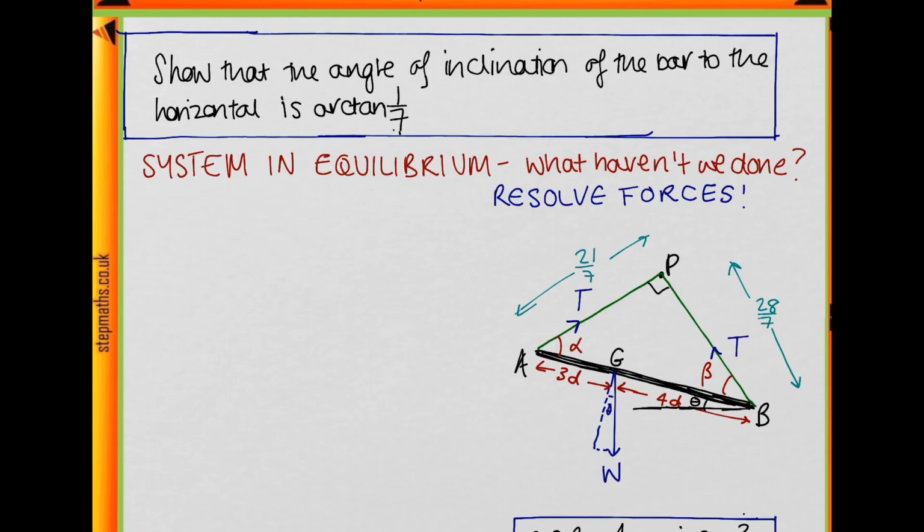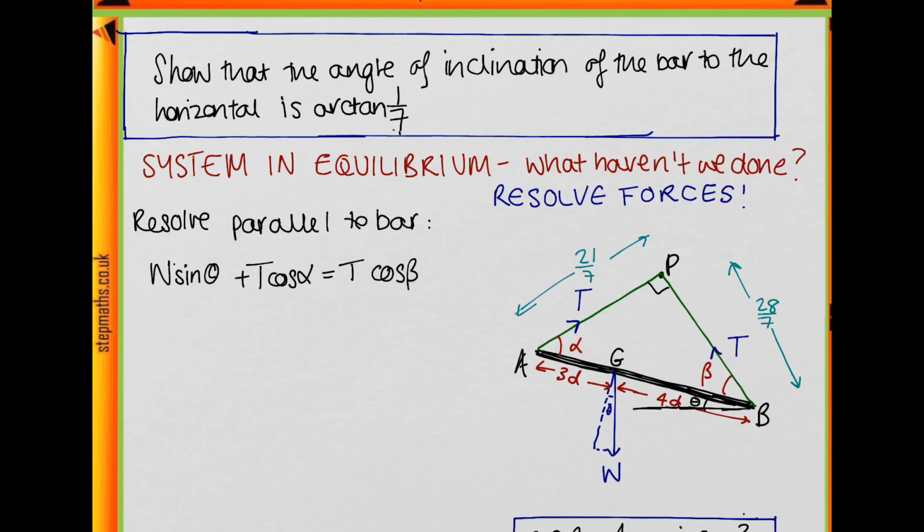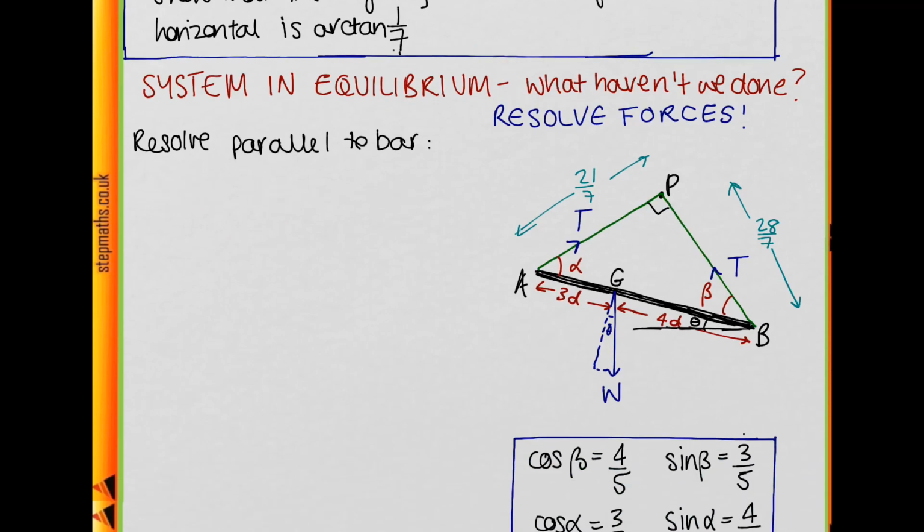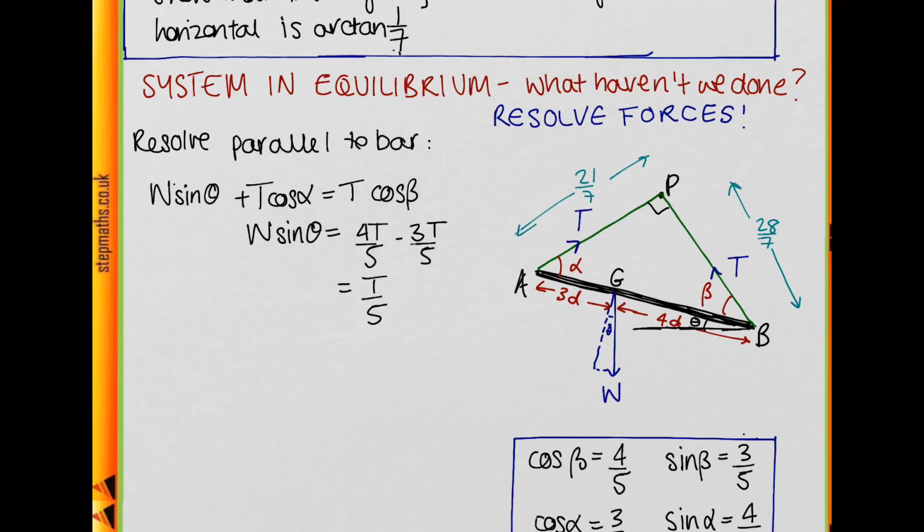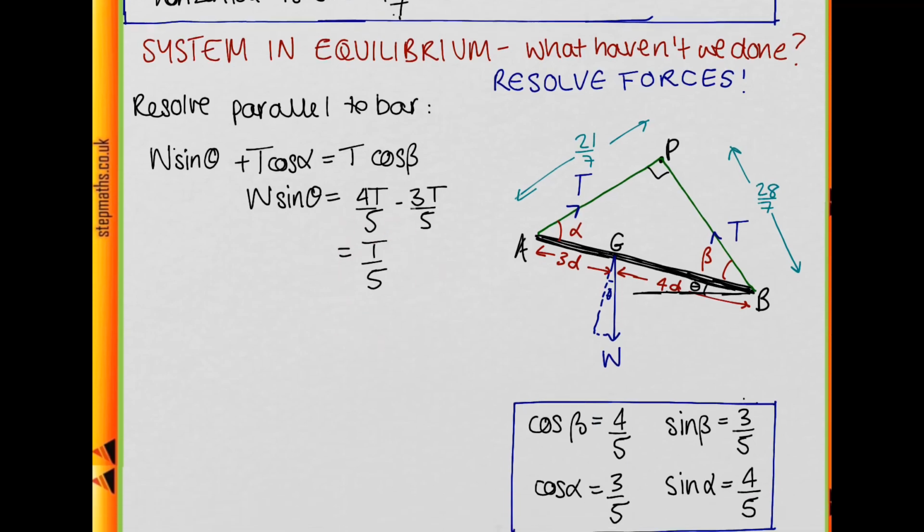So we've got weight and tension, and I've drawn the components of weight here. Now we're going to resolve parallel to the bar first of all. Resolving parallel to the bar, we've got a component of weight, W sin theta, acting down the bar, and we've got a component of tension acting down the bar, and a component of tension acting up the bar. So we have W sin theta plus T cos alpha equals T cos beta. So W sin theta is T over 5. And why do we know that?